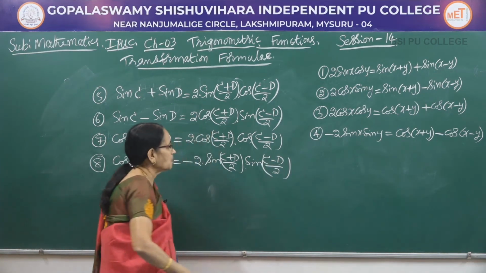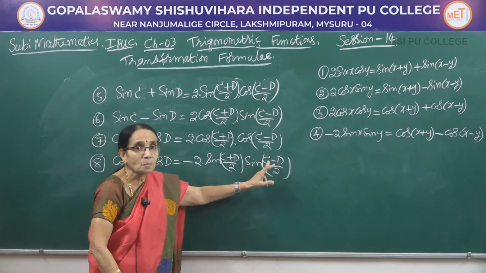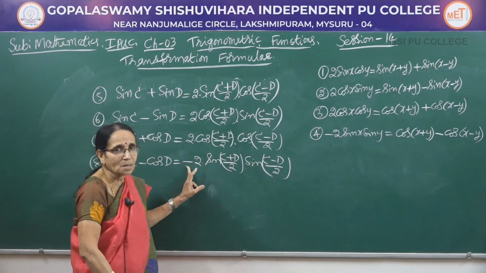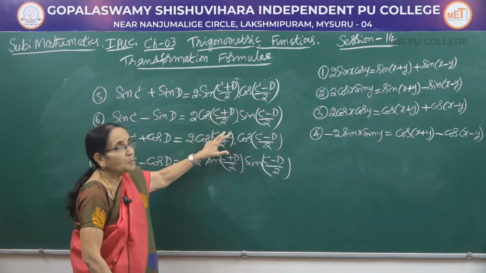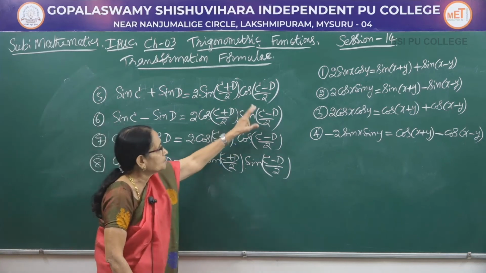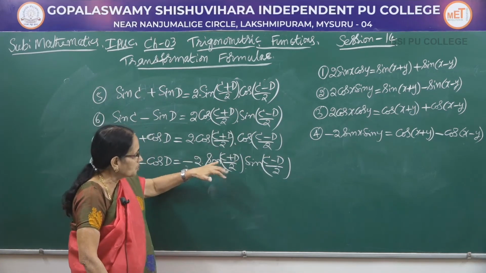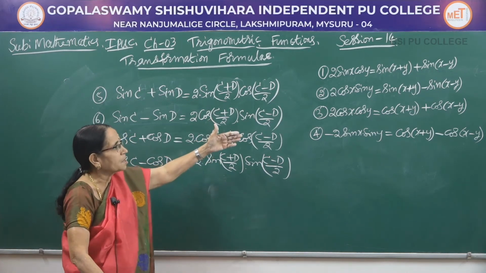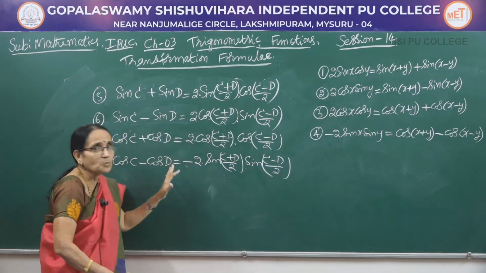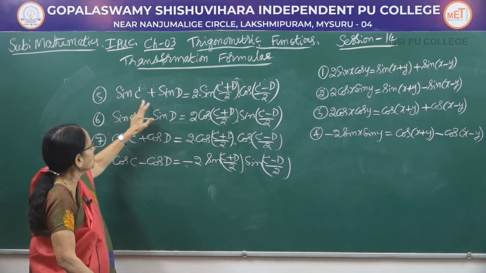As I told in the previous case, this minus sign could be taken inside, and if you write the angle as d minus c, this minus sign can be adjusted. Again, to maintain the symmetry, observe here, the first angle will always be c plus d by 2, the second angle will always be c minus d by 2. So, if you write like this, it is easier for you to remember. Some hint I gave you on how to remember, the same procedure we follow here. It is the sum of the two sine functions, sin c plus sin d.